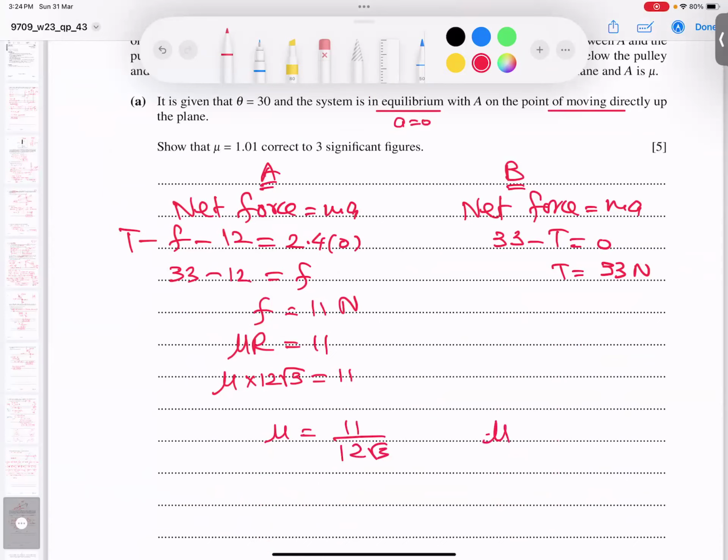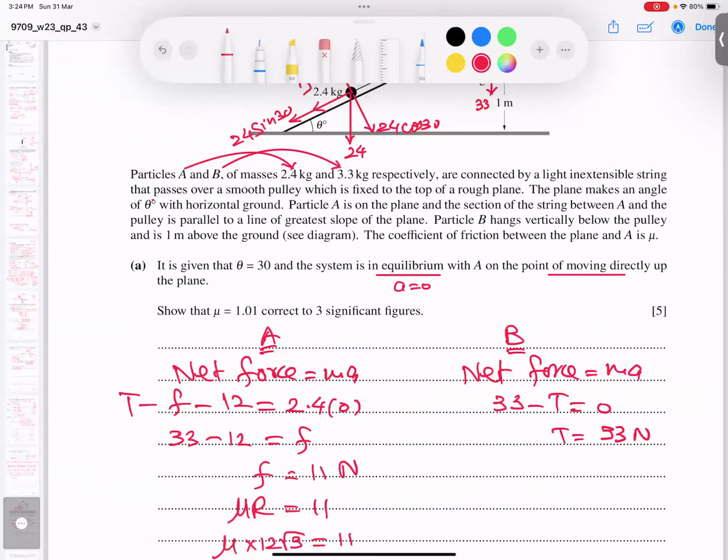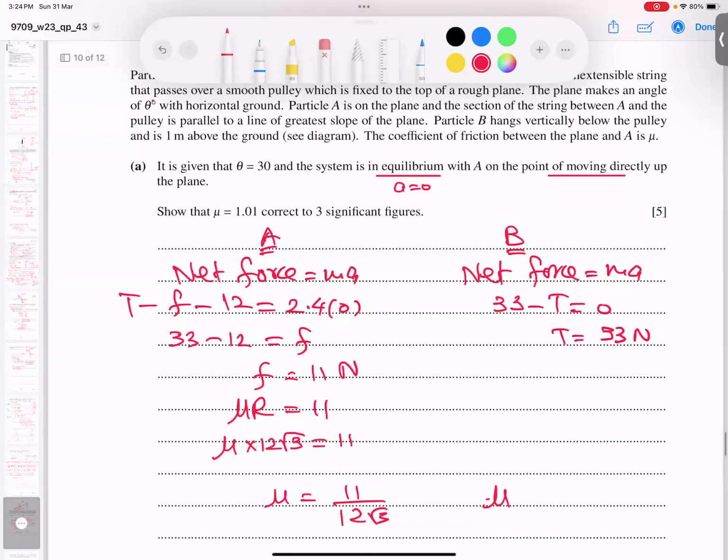Let me check, students, 11 divided by 12 root 3. Hold on, some mistake. I have typed in the calculator 24 into cos 30 is 12 root 3. That's correct. And hold on, what is the mistake here?